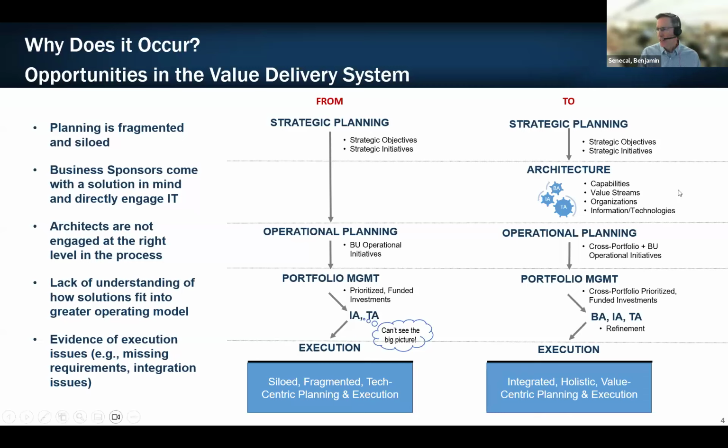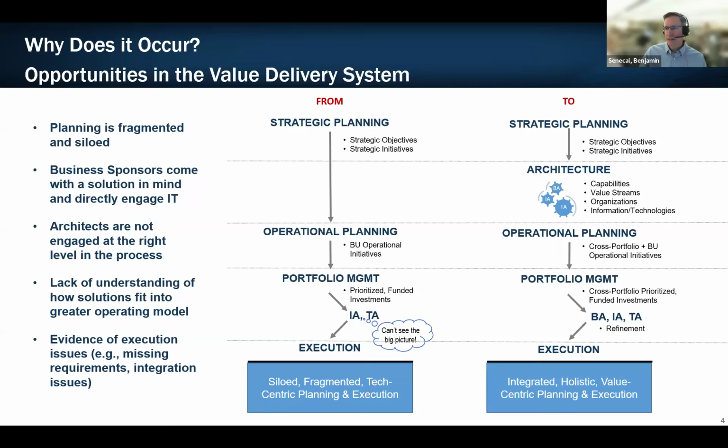This gets prioritized through portfolio management with resources allocated to it. And there's a second layer of architecture engagement to refine those initiatives so that they can be architected at the next level of detail to enable execution.